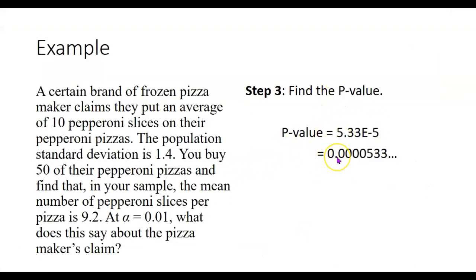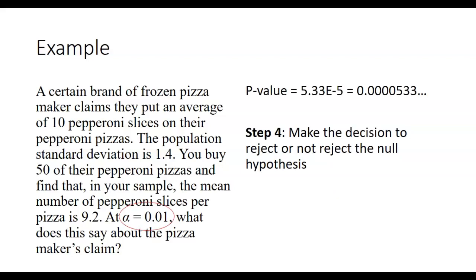If you remember, the calculator in the Excel spreadsheet gave us the number 0.00000533 and so on, which is indeed smaller than 0.0003. Okay, so now that we have the p-value, we can go on to step 4.